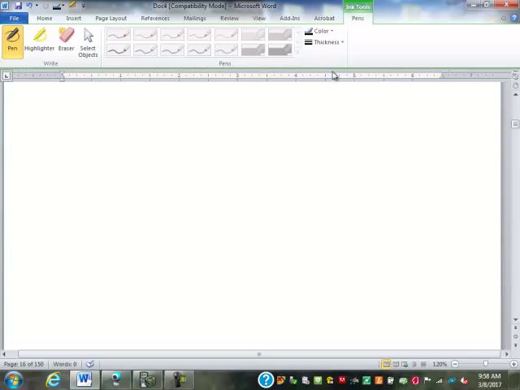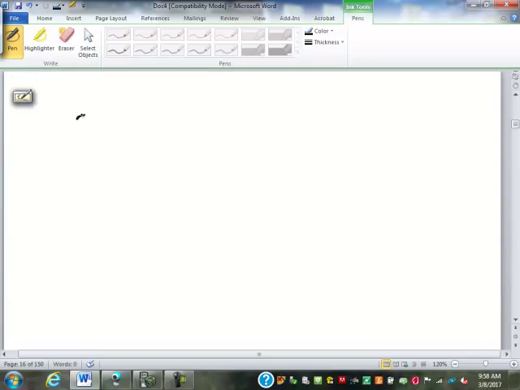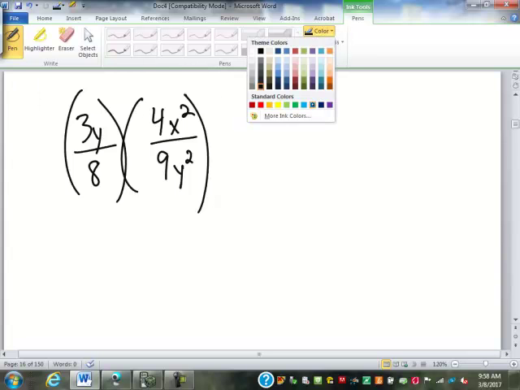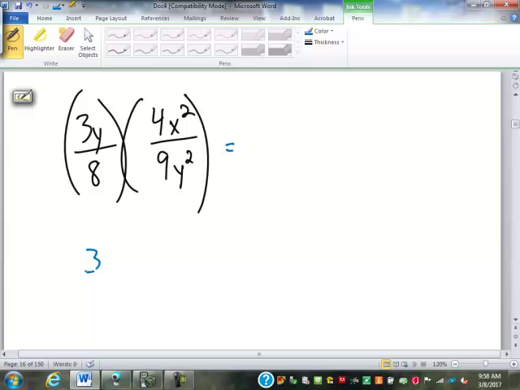When we multiply, I can list it like that, or I could list it without the parentheses. It doesn't matter. Remember, I usually separate out the numbers.